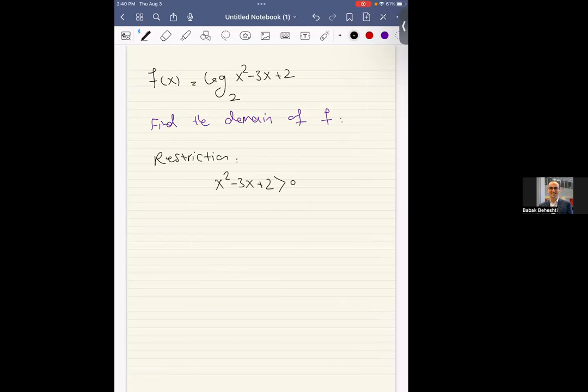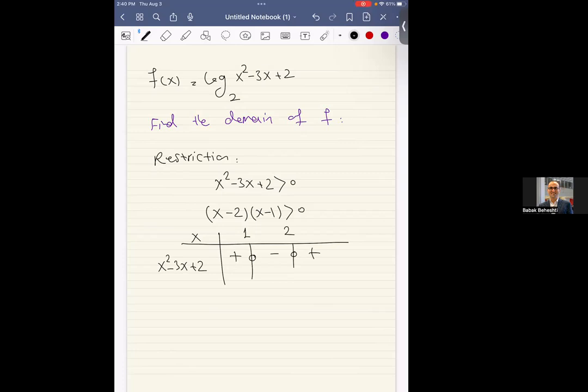So x squared minus 3x plus 2 is what? Exactly, it must be positive. So that means, remember the chart, here is positive, negative, positive.